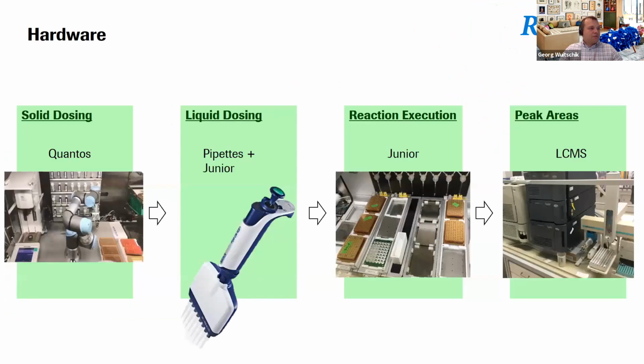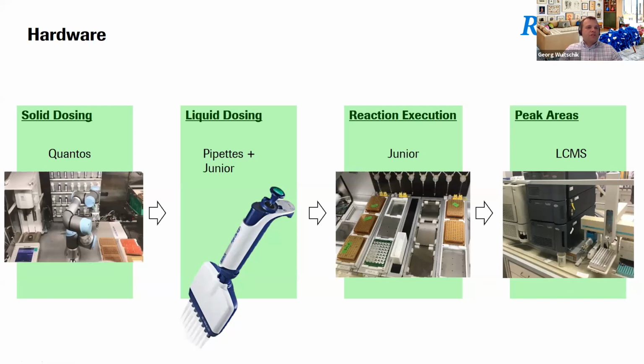So in terms of workflow, we have a Quantos solid dosing system. It fills the plates with one of these 32 solids that are up here. And then afterwards, we have liquid dosing, which we either do using our Junior or using pipettes. And then the reaction execution is done on the Junior, where it's heated, cooled, stirred, whatever you need.